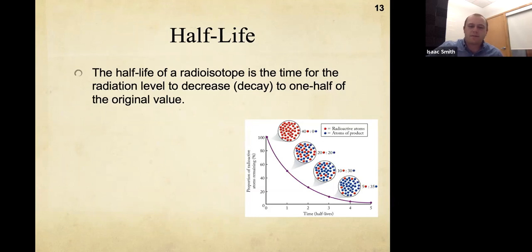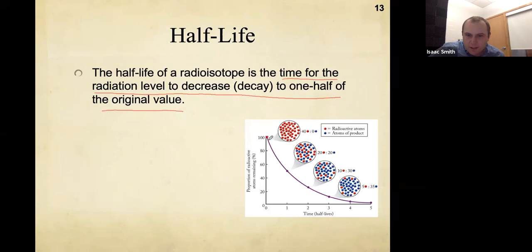So the half-life of anything is the time for the radiation level to decrease to 1/2 of the original value. Okay, so for example here, at this beginning point, you have 40 radioactive atoms and 0 atoms of product, whatever it's decaying into.